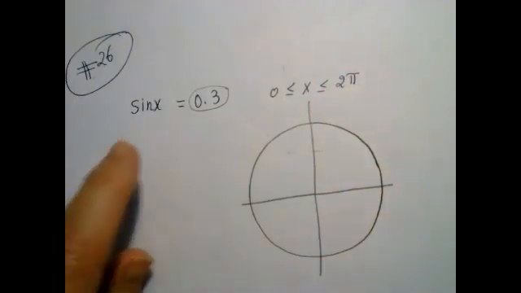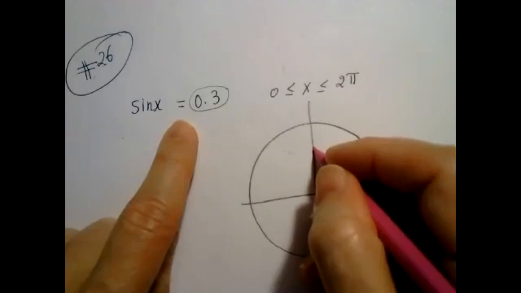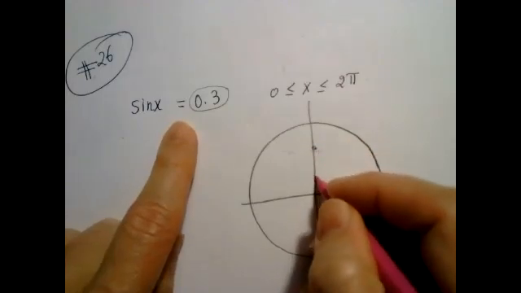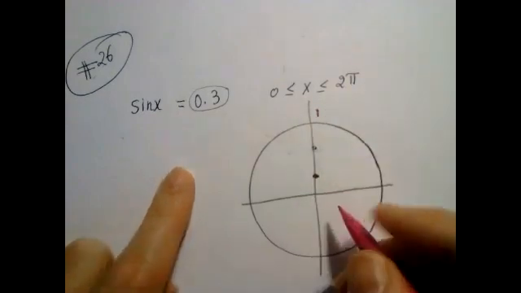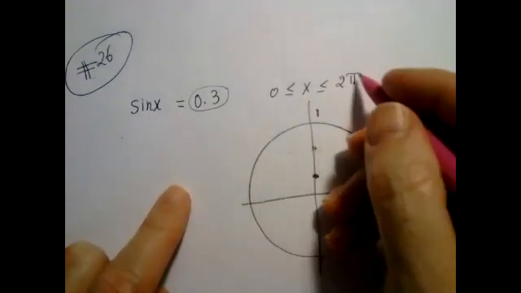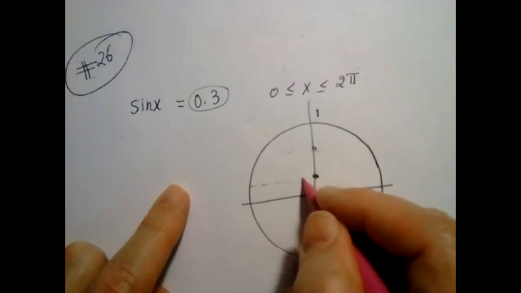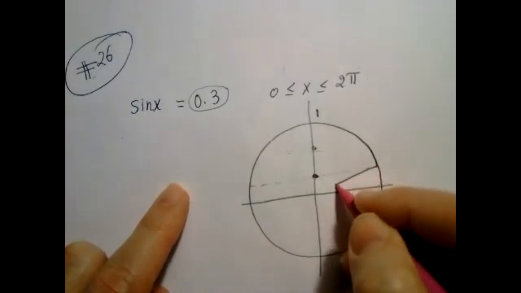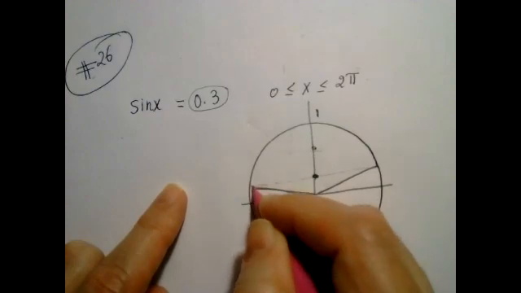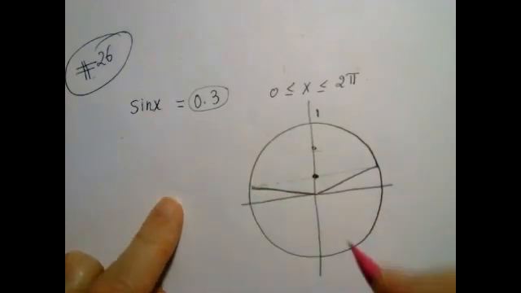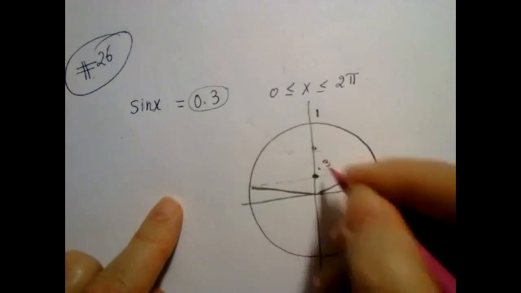The sine, 0.3, is right there, because that's the unit circle. I'm looking for an angle between 0 and 2 pi. So the unit circle tells me you have two of them, this one and that one. Both have sine 0.3.